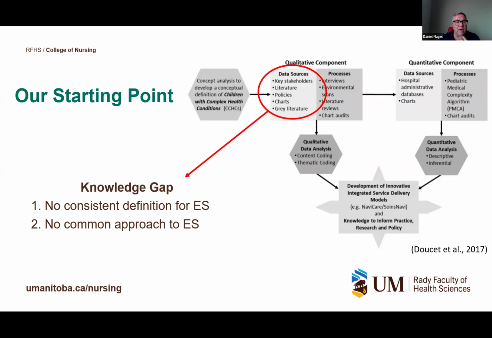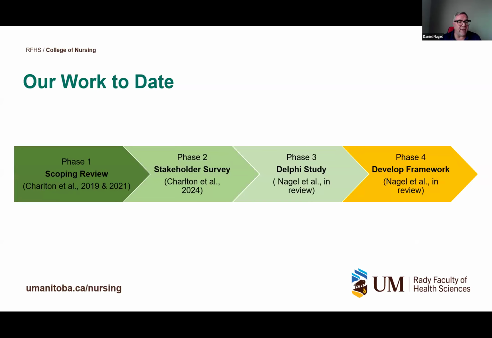So in a way, this is how we identified a knowledge gap, and we started a process of looking at environmental scans. In the first phase, we did a scoping review protocol and then the scoping review itself. And those were published in 2019, 2021.